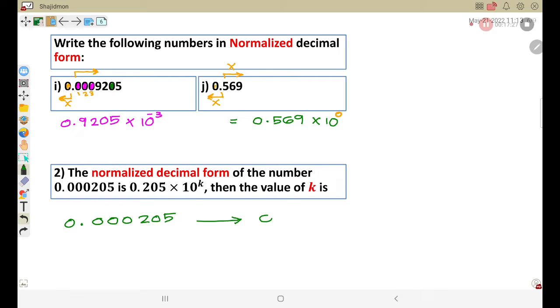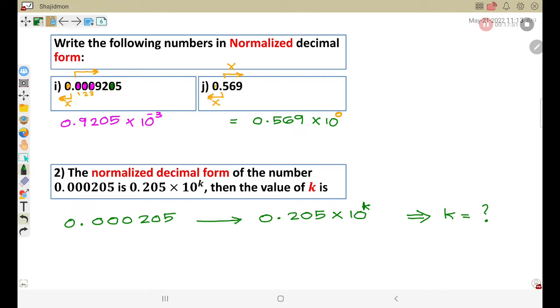What is that number? 0.205 multiply 10 power k. See here it is k. The number in the power is not given, 10 power k. Then what is the value of k? K equal to how much? That is the question. That should be the normalized form.